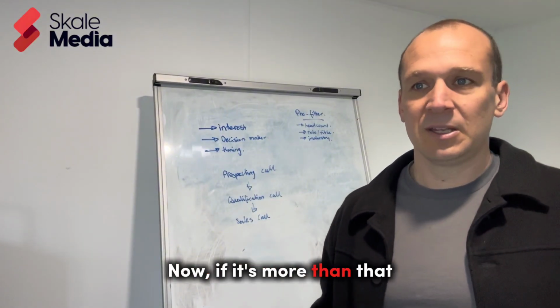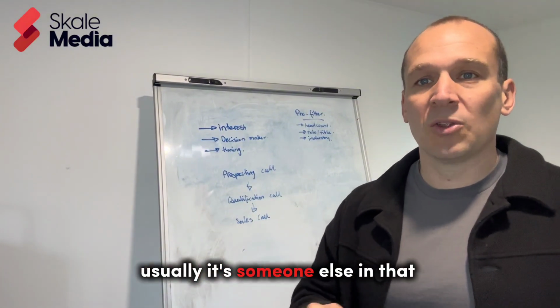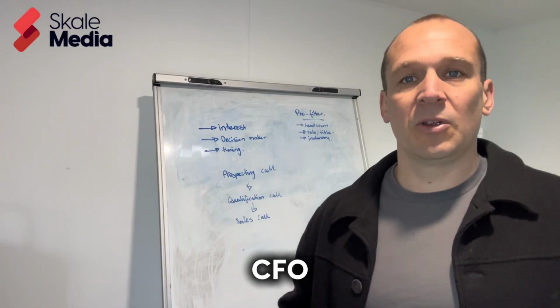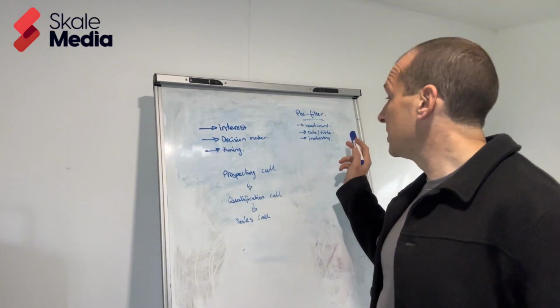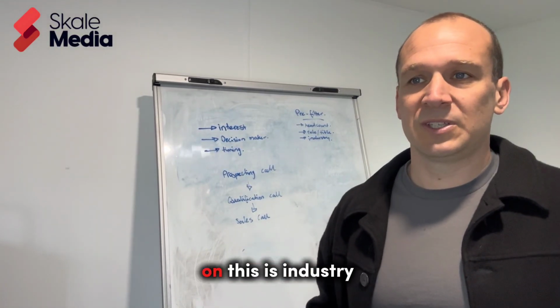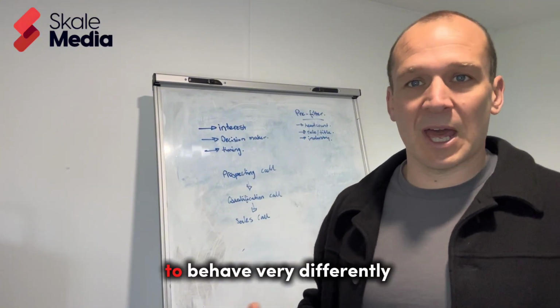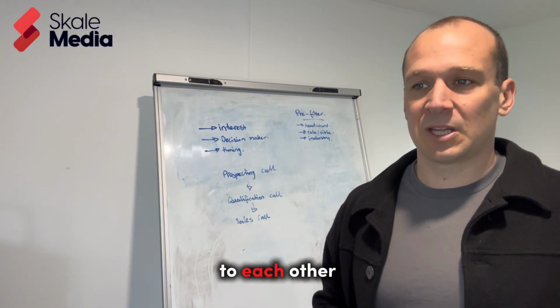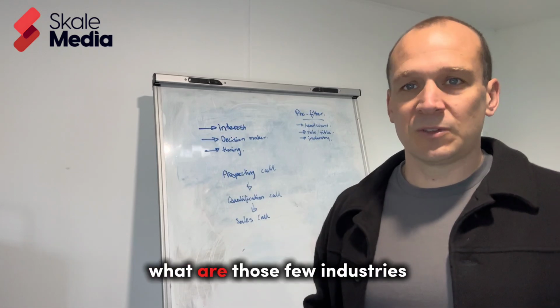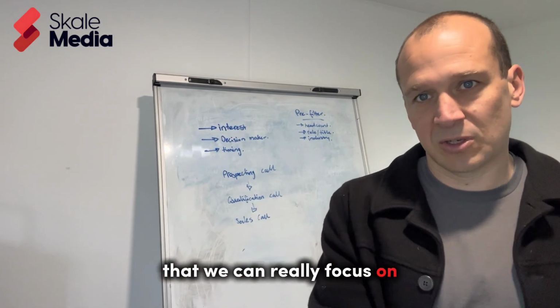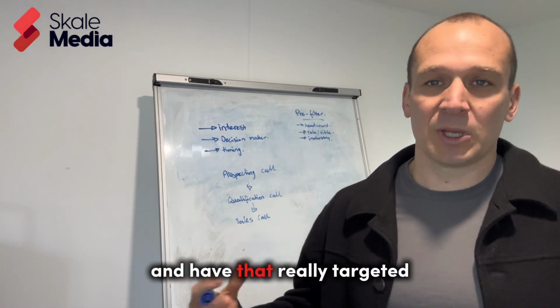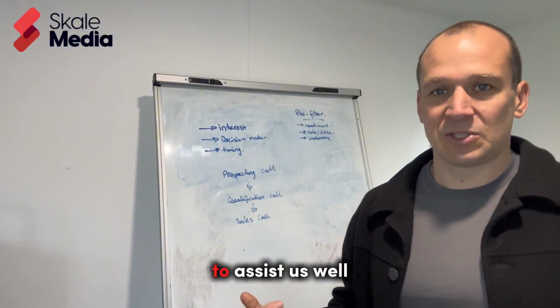If it's more than that, usually it's someone else in that C-suite, CFO, COO, etc. Finally, the other filter we can put on this is industry. Obviously industries tend to behave very differently to each other. So if we can define those few industries that we can really focus on for our messaging and have that really targeted, then that's going to assist us as well.